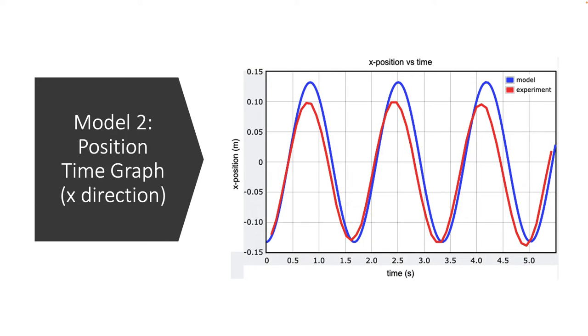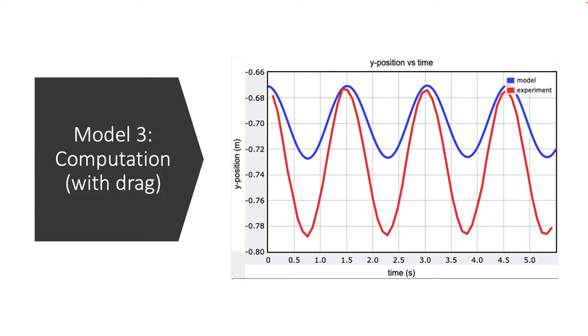Then our model 2 for position time graph, you can see in the x direction we have our model and our experiment. They're pretty much the same, since similar to projectiles, the x direction doesn't really change that much except for air friction.